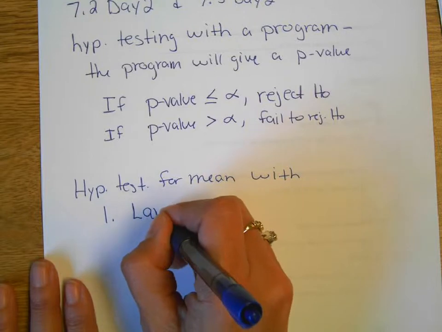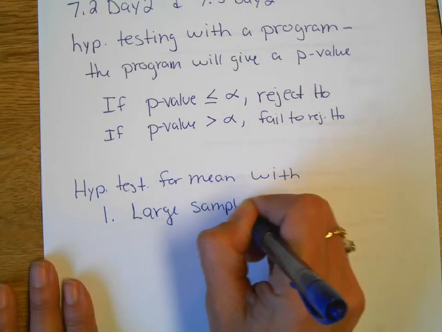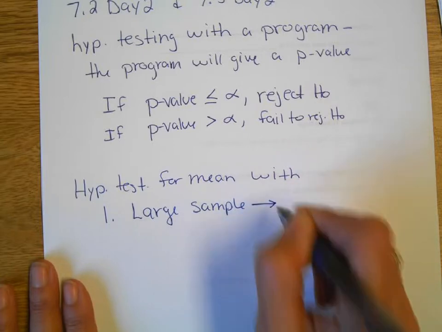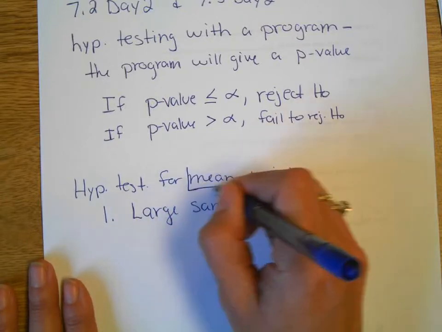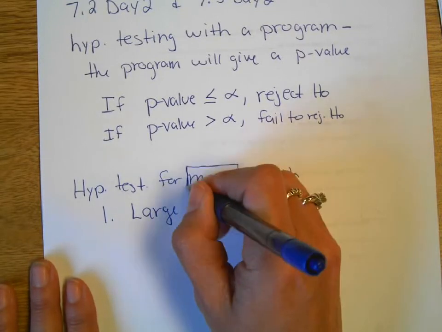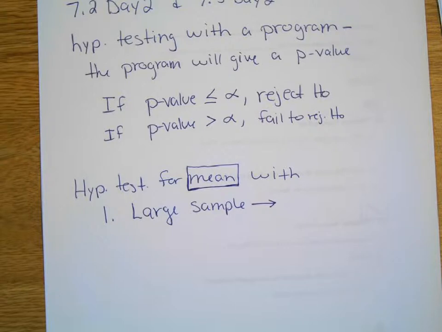If it's a large sample, the name of the program you're going to use, and we'll just think about the by hand ones. What was the difference between the large sample and the small sample by hand? Z and T. That was the only difference. We did invNorm to get a Z when there were big samples, and yesterday we looked at the T table to get a T.